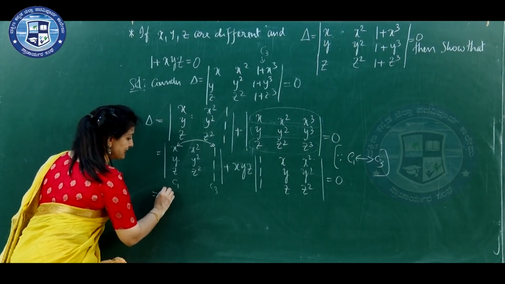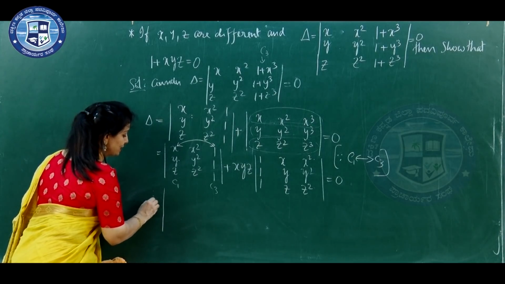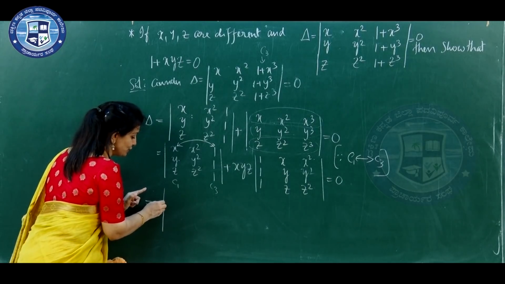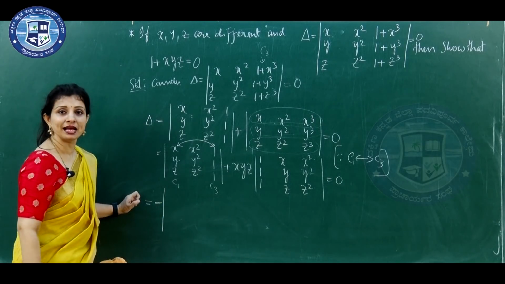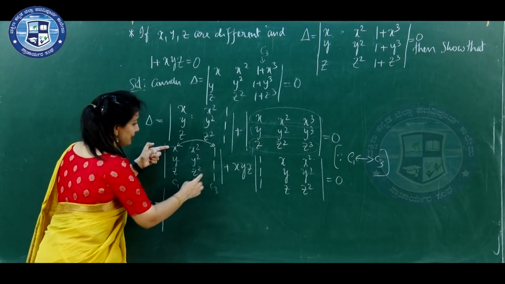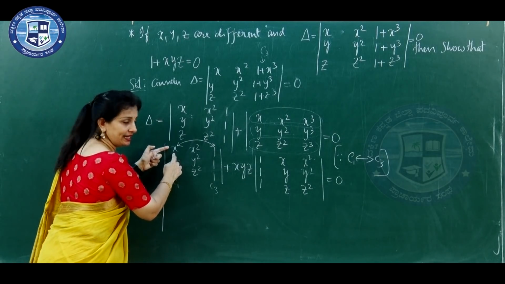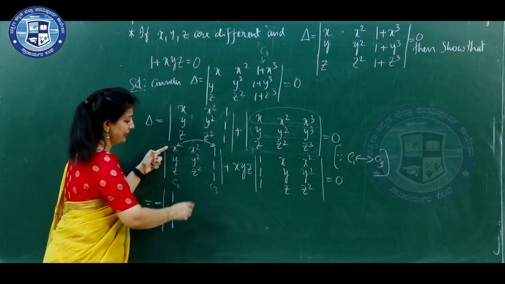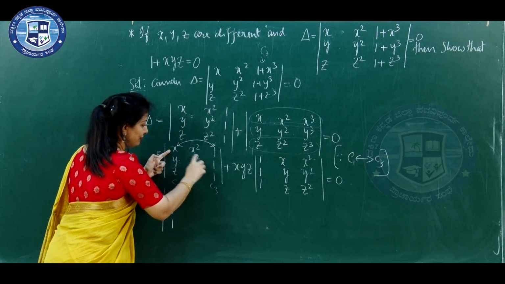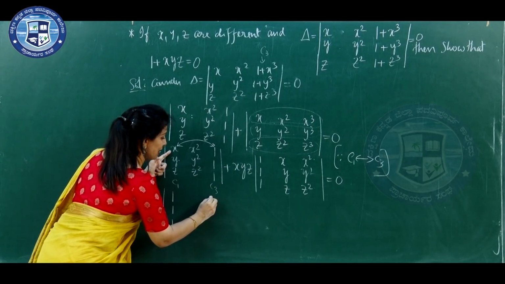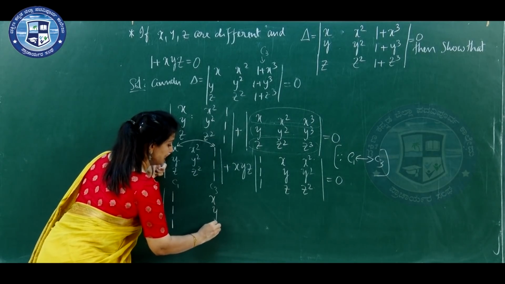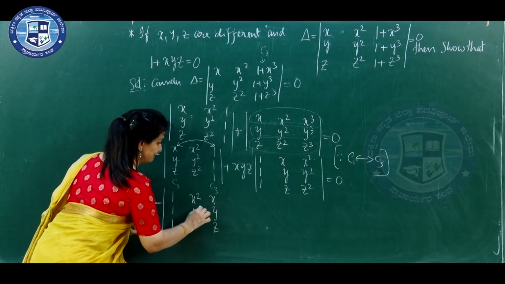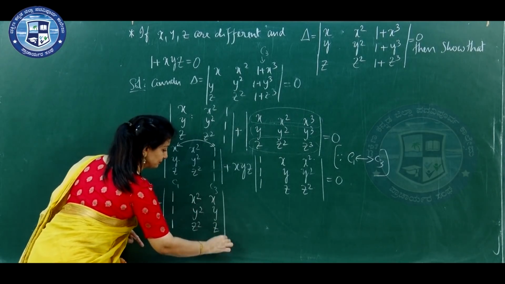So, delta can be written as, when you interchange the two rows or two columns, the sign of the determinant will change to minus, minus of. So, interchange C1 and C3, third column will be written as first column now, and the first column elements are written as third column elements, x, y, z. Second column elements are written as it is, y square, z square.